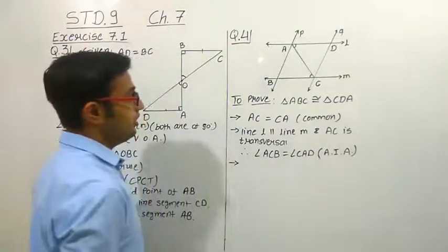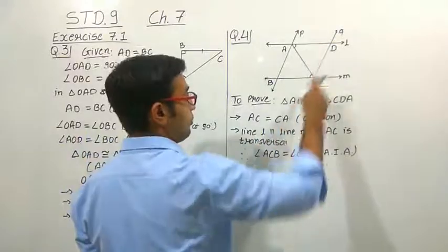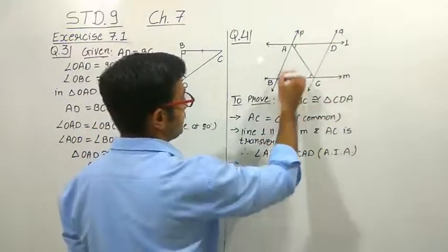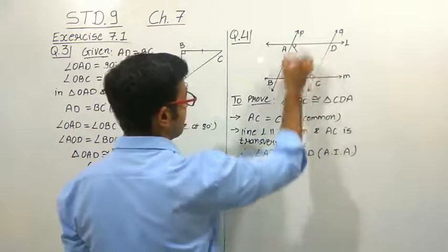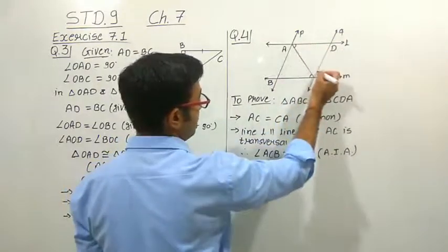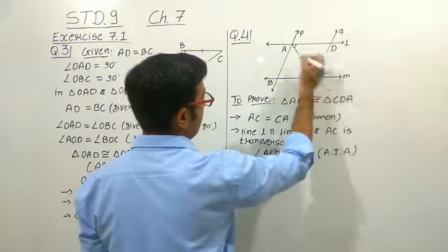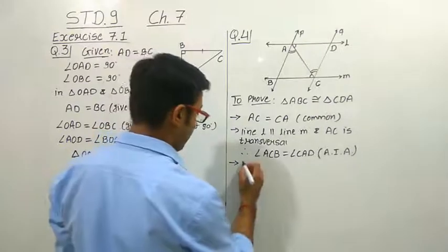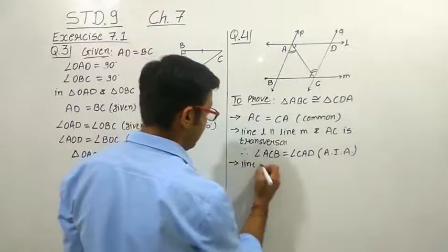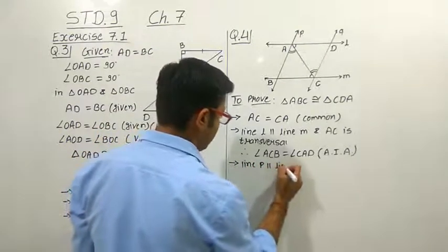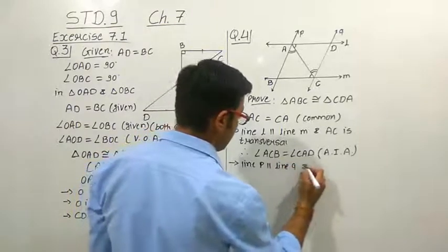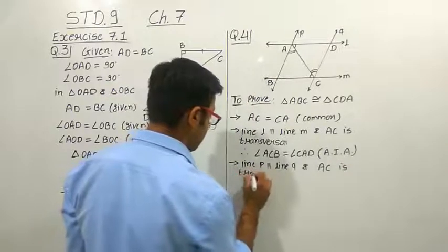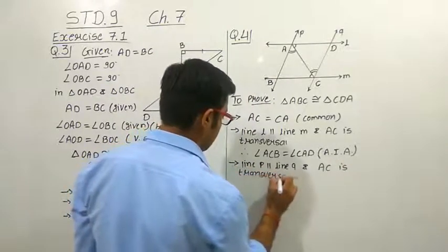Okay. In the same way, we can write that P and Q are parallel. Again, AC is the transversal, so this Z is formed here. That means this angle and this angle become equal. So the same thing we write here: line P is parallel to line Q, and again AC is transversal.